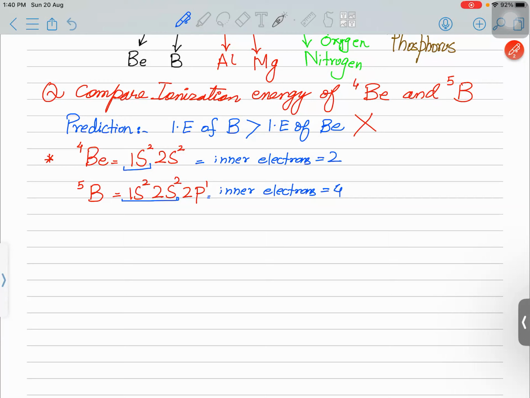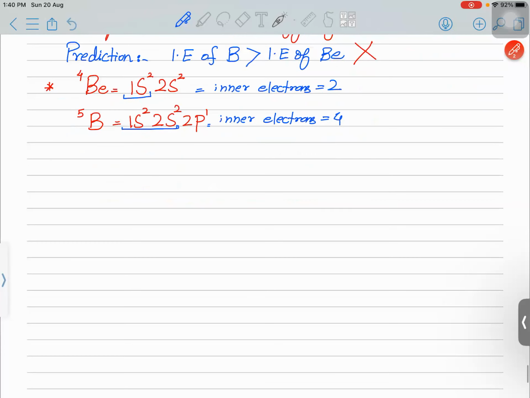Which one has more shielding? Boron. So which one has less ionization energy? Boron. So that's why this prediction is wrong. Are you getting my point or not? Yes, Mohammed, and you?